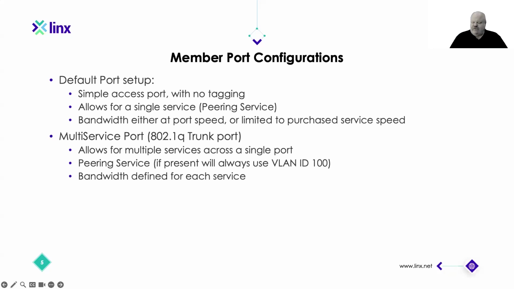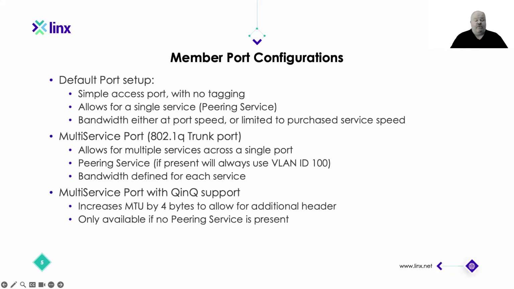There is a second option if you change your port into what we call a multi-service port, which is to actually enable Q&Q support on that port. Now there are some restrictions. Most of our equipment actually allows Q&Q by default.